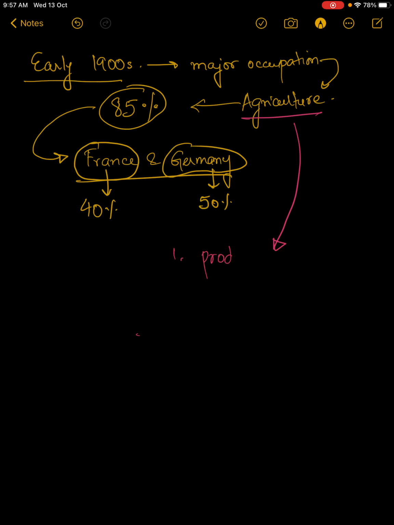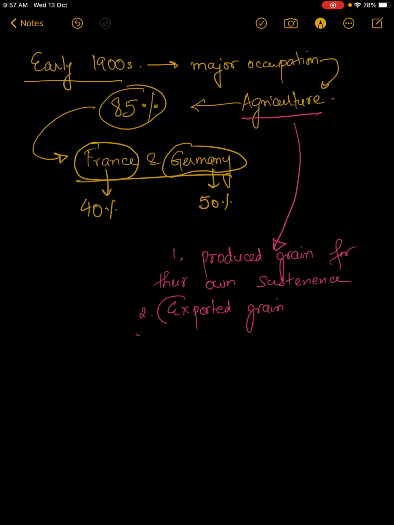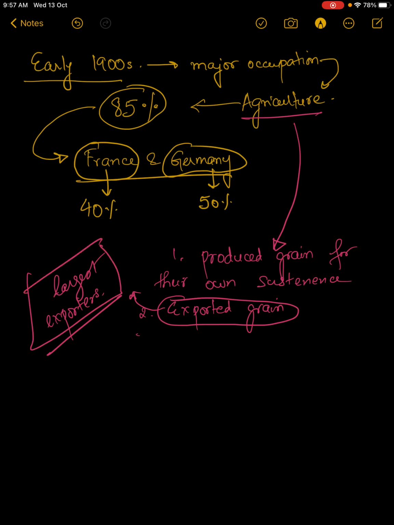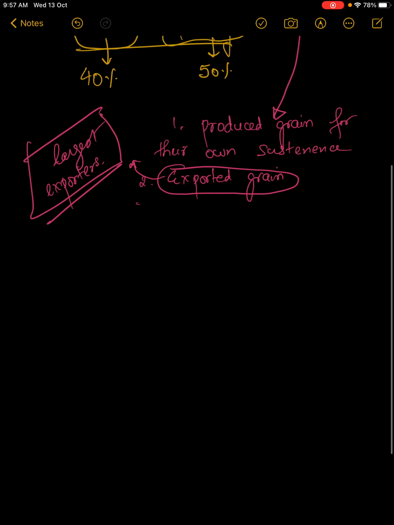They produced grain for their own needs, for their own sustenance, and they of course also exported grain. Russia was one of the largest exporters of food grain, so that is something in their favor. Now this is regarding agriculture.